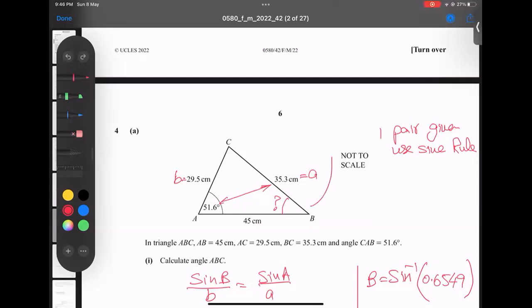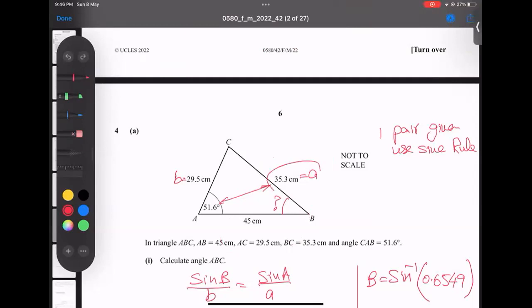Wait a minute, I'm looking for triangle ABC. So 29, sorry, I change it. 45 and this is 35.3. 35.3 and sine 40.9. But I tell you one thing, you can use even this side or this side and the middle angle. So no issue at all.